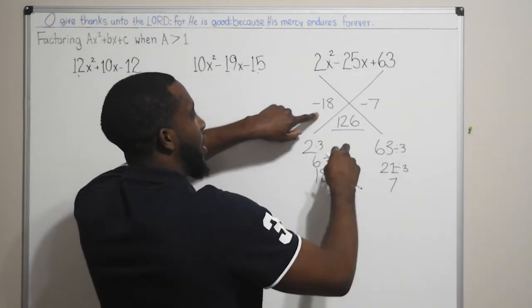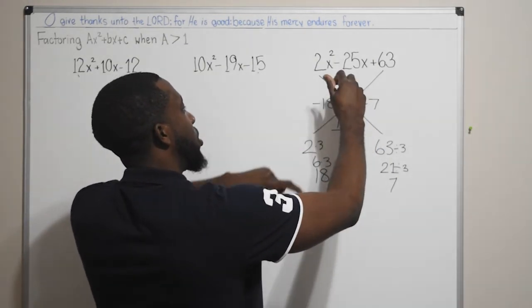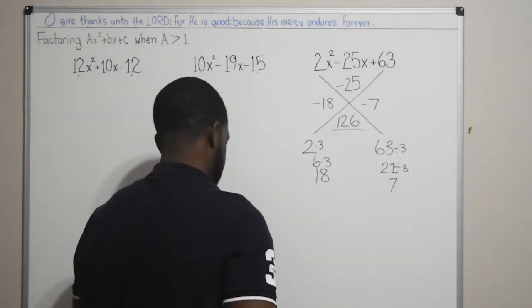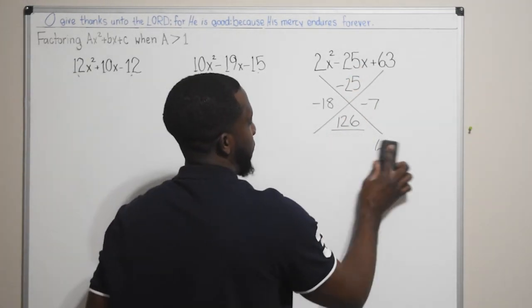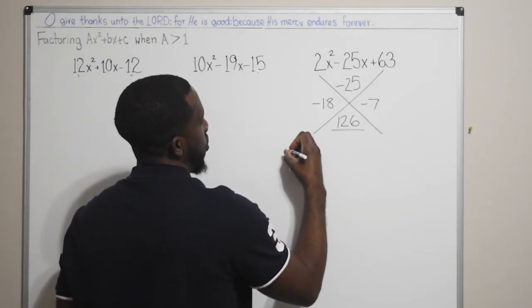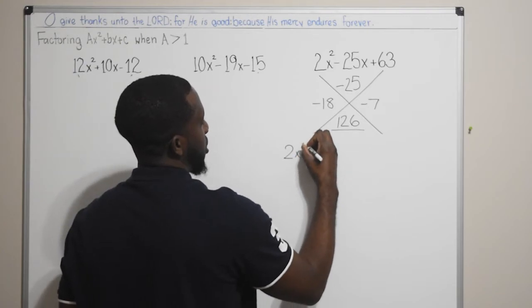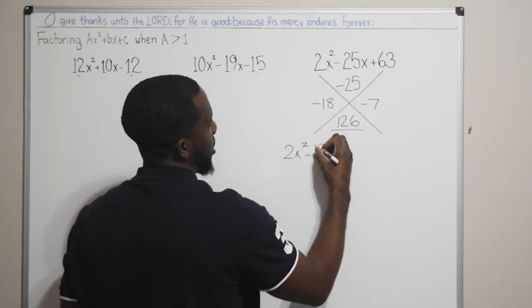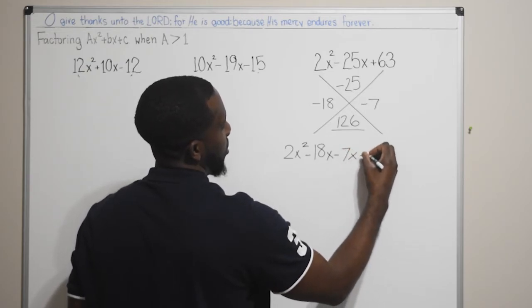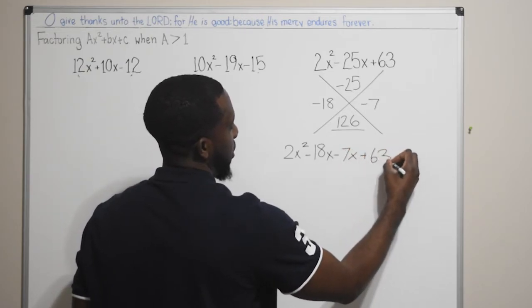And then negative 18 plus negative 7 equals negative 25. Okay. So now we just expand it out. So we go 2x squared minus 18x minus 7x plus 63.